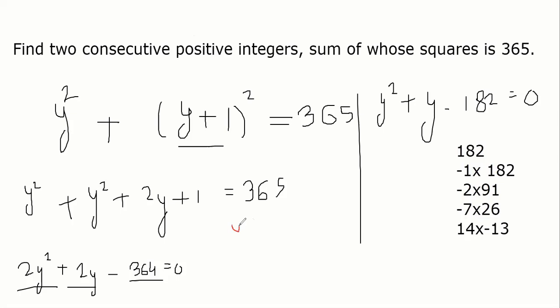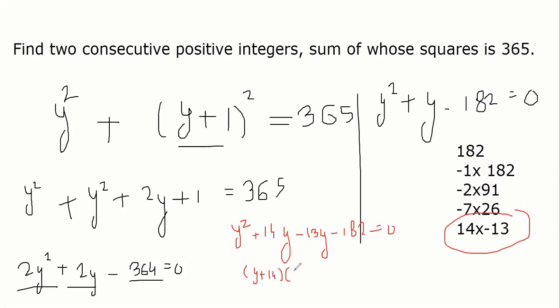My equation becomes y squared plus 14y माइनस 13y, तो 1y हो गया, और माइनस 182 इक्वल टू 0। तो फाइनल जो फैक्टर बनाओगे वो आएंगे y plus 14 and y minus 13 equal to 0.